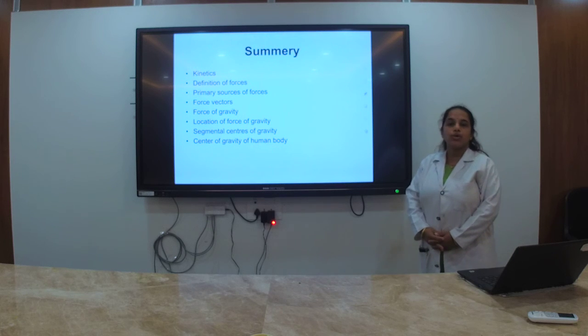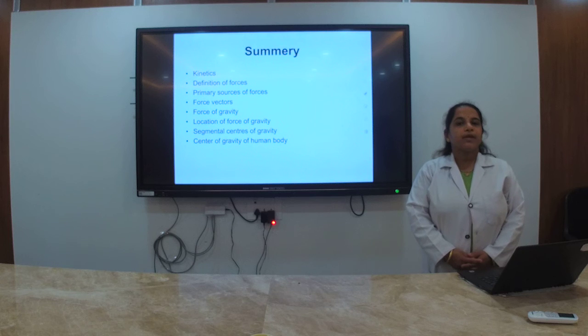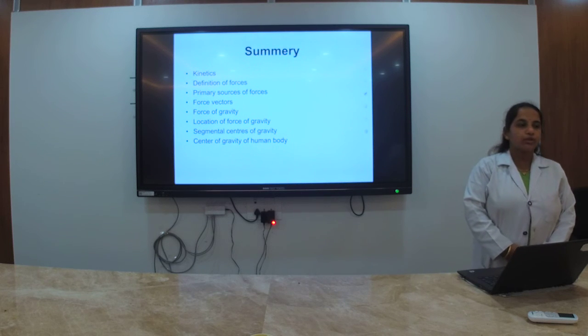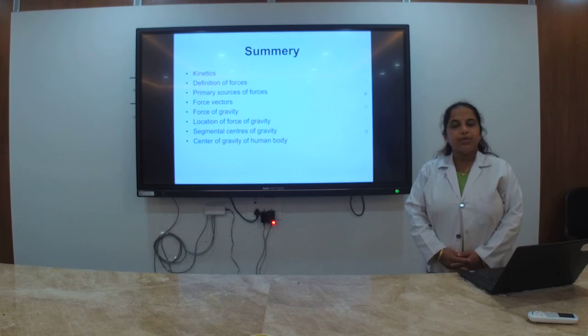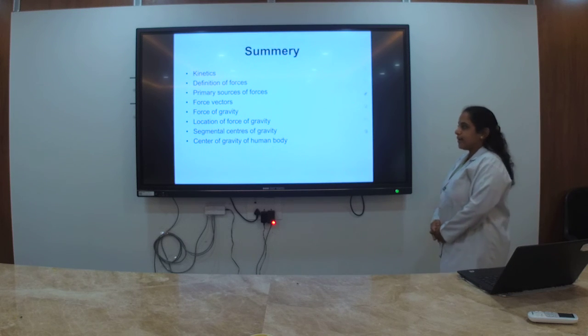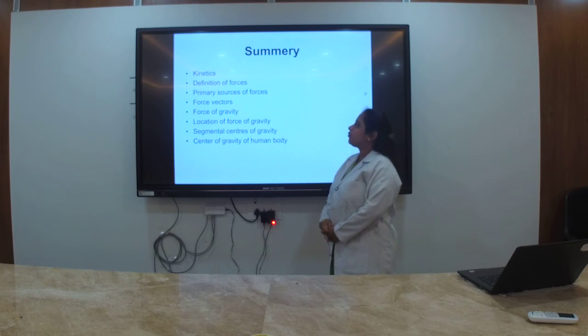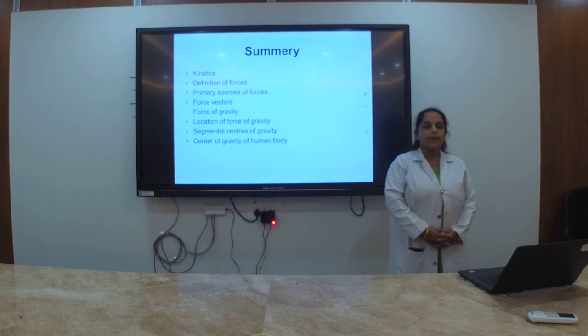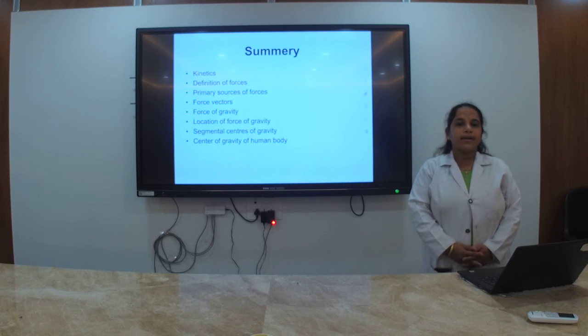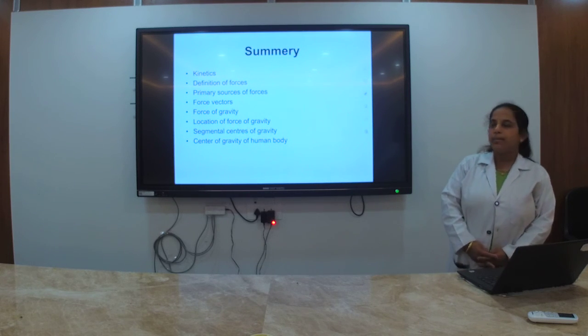Kinematics has five variables. First is type of motion, then direction of motion, location of motion, magnitude and rate of change of displacement, while in kinetics we have learned about the forces. Force is very well explained by tug of war. It is nothing but the push and pull mechanism.